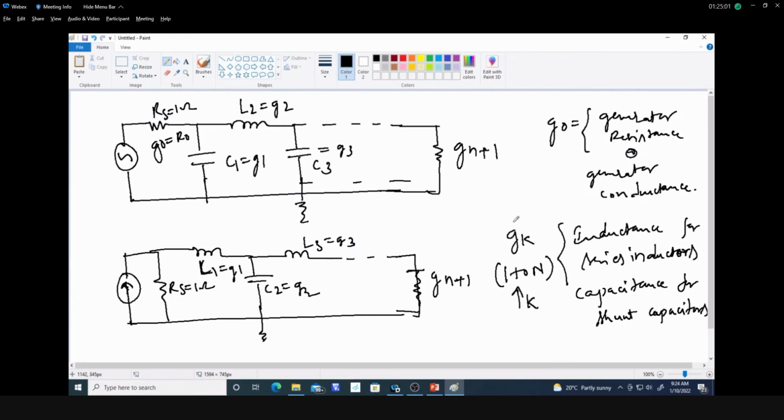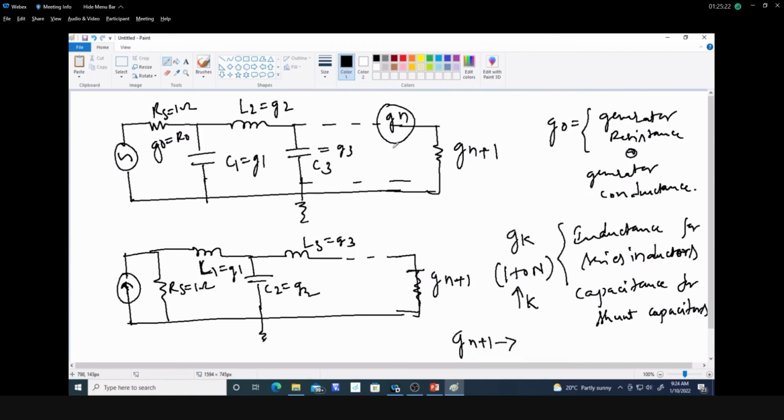That is based on how much filter order there is, and based on that we are going to get the values. And this Gn+1 is nothing but the load resistance. So let's say there is some Gn element here, whether series or parallel.